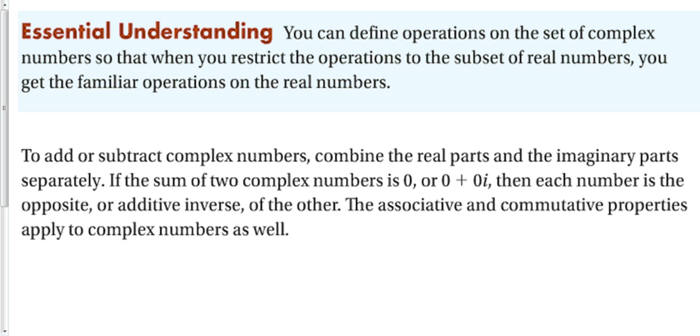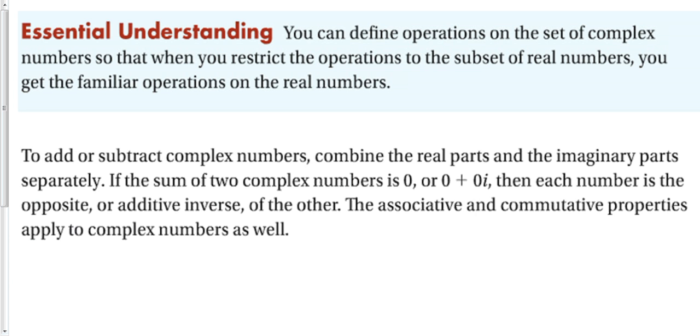So now, let's talk about addition and subtraction, multiplication and division. Okay? We can define operations on the set of complex numbers so that when you restrict the operations to the subset of real numbers, you get familiar operations on the real numbers. So what does that mean? That means that our complex numbers are going to act like real numbers, and everything that you do is going to be similar.